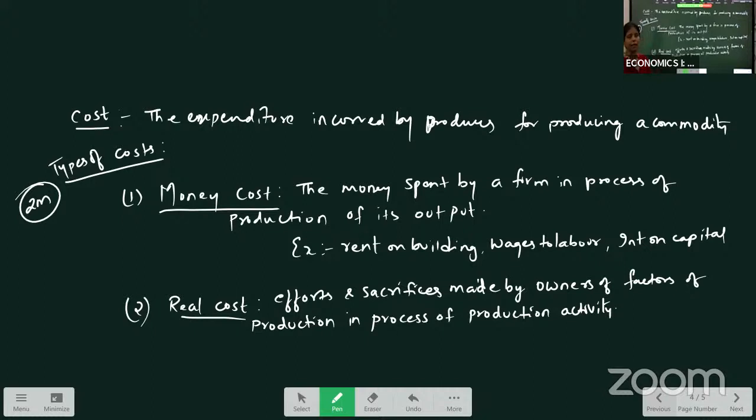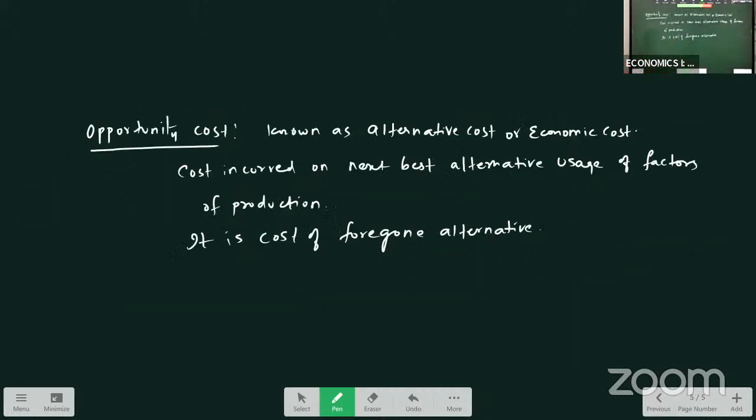Those sacrifices we cannot actually measure. So those efforts and sacrifices are called real cost. Next we have opportunity cost. Opportunity cost is the next best alternative cost which is incurred on alternative usage of the factors. So it is also called the cost of foregone alternatives. Clear? So these are the different types of cost here.